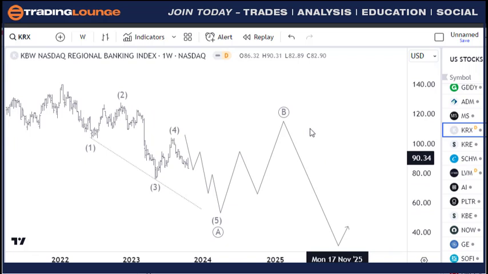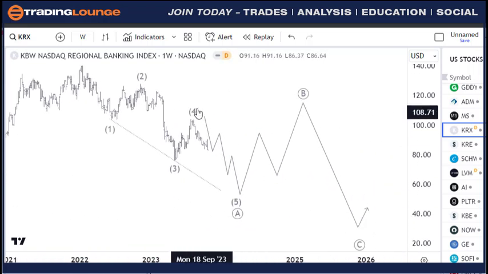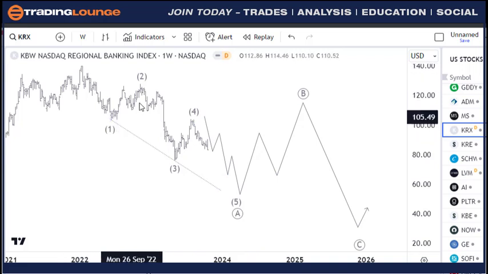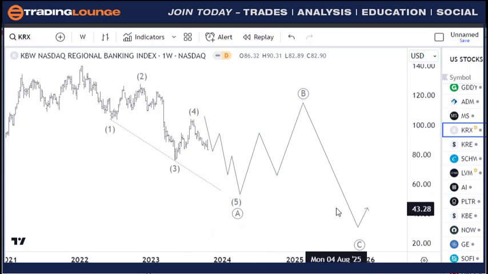This was the original count for the regional banks, and that was from the top on the weekly chart here. So it looks like we're getting this 1, 2, 3, 4, 5 coming down here, then the B wave, and then the C wave here.